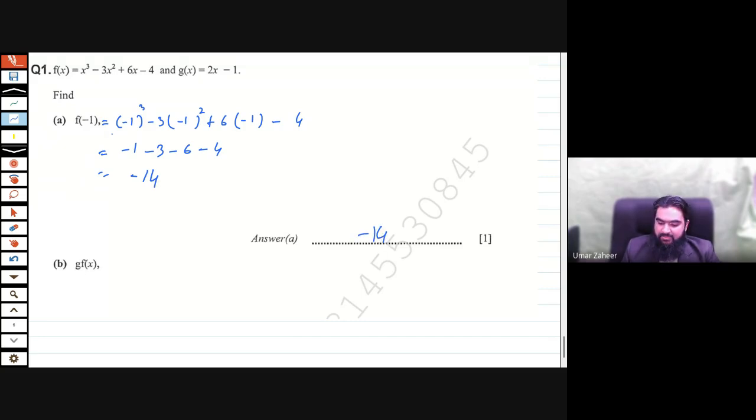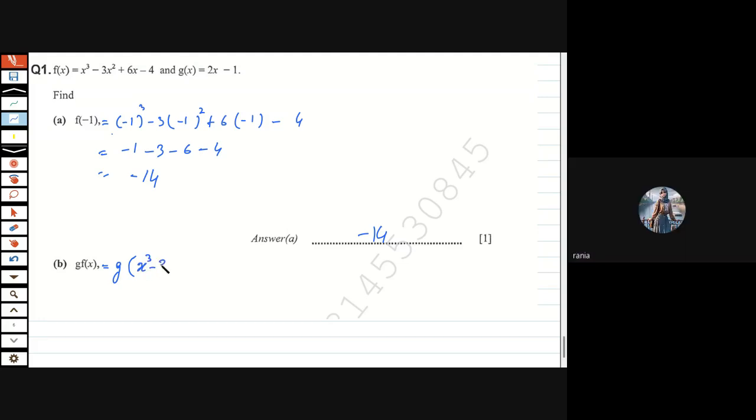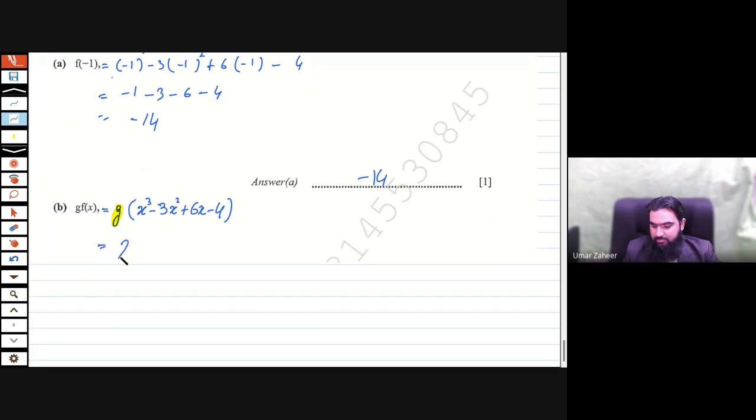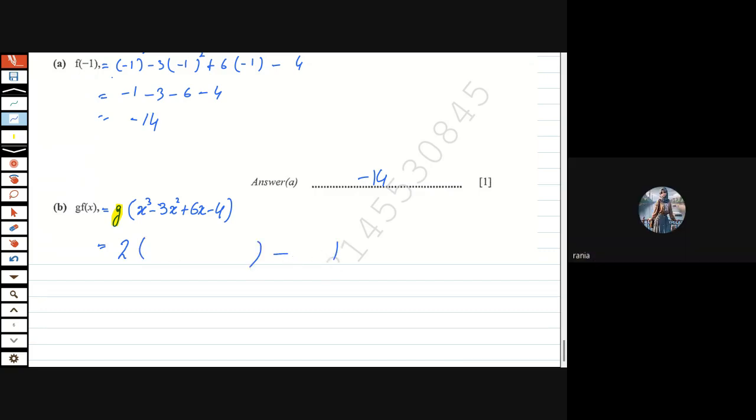Clear? Next, you have to find g composed with f of x. So g as it is, and in place of x, we will substitute f of x, which is x cubed minus 3x squared plus 6x minus 4. The g function is 2x minus 1. Why didn't we apply minus 14 in place of f of x?